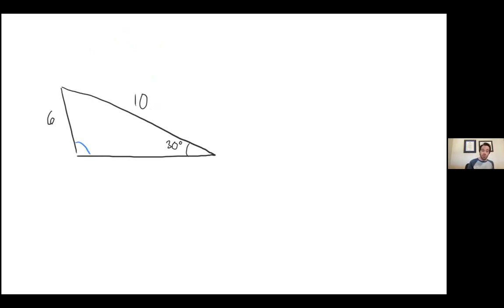It's the only thing I can solve for because I know this pairing and I know half of this pairing. If I give these names A, B, and C, making this side B, I'm going to say sine of A over 10 equals sine of 30 over 6.